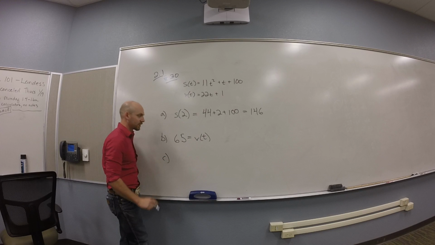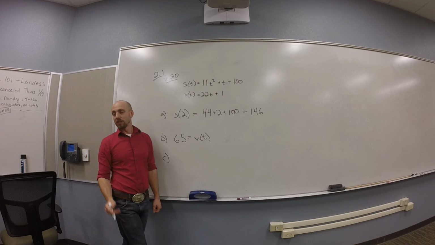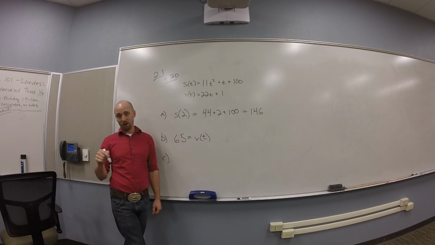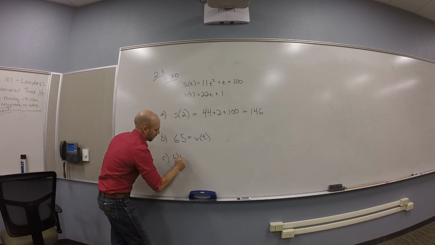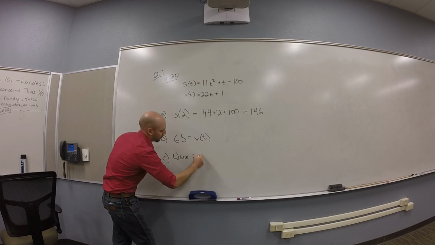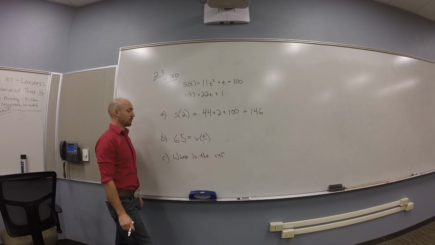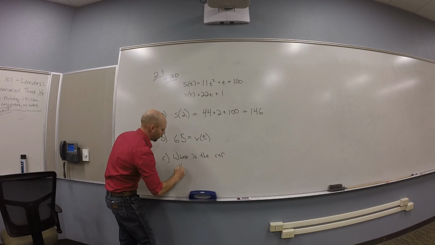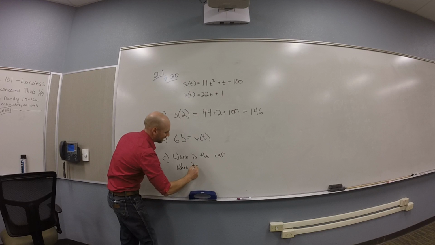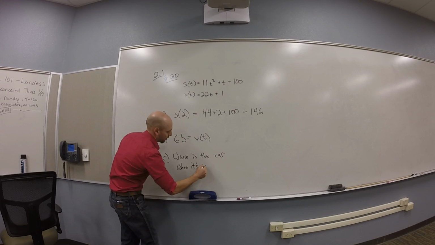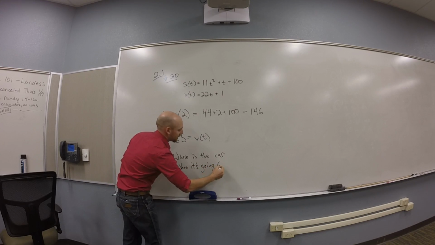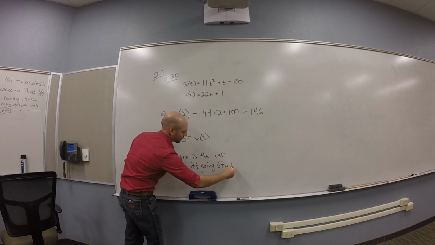So part C asks a weirder question. Part C asks, where is the car? And I'm actually going to write this one down because I want to be totally clear. So where is the car when it's going 67 miles per hour?